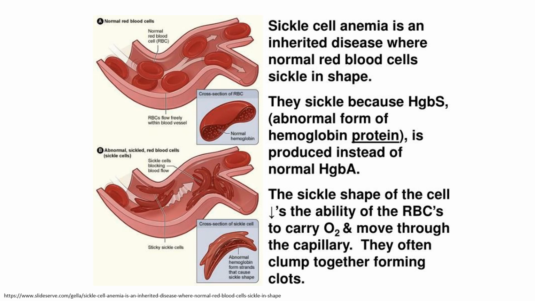They sickle because the hemoglobin protein has a mutation in it that when it binds oxygen, it takes on a more linear, branching-like structure with the other hemoglobin within the erythrocytes.